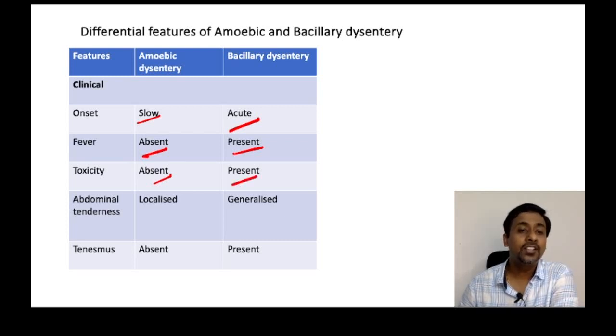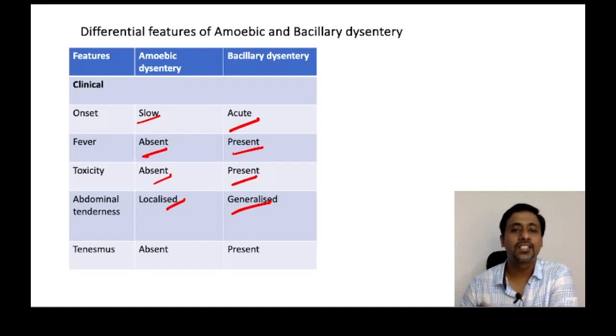The abdominal tenderness is localized in amoebic and generalized in bacillary dysentery. If you remember the pathogenesis I told you, the ulcers in amoebic dysentery are discrete and the intervening mucous membrane is normal. So because of that, the abdominal tenderness is usually localized to the site of ulcer formation.